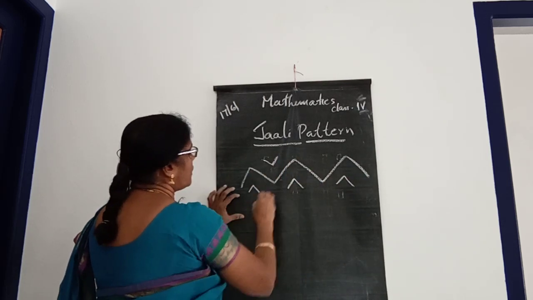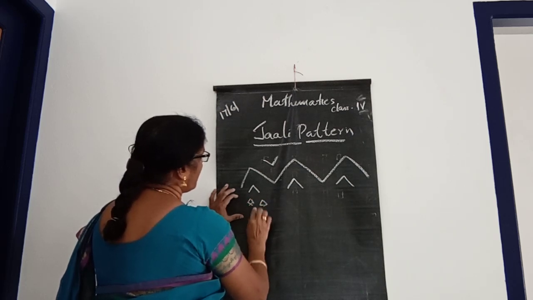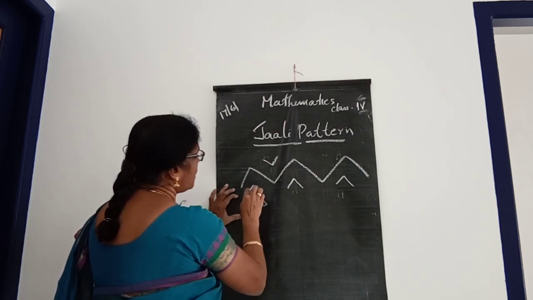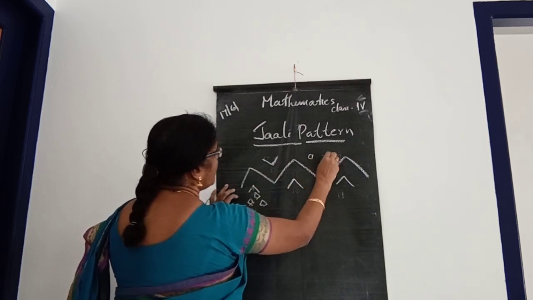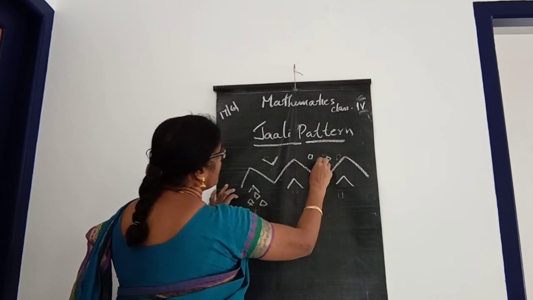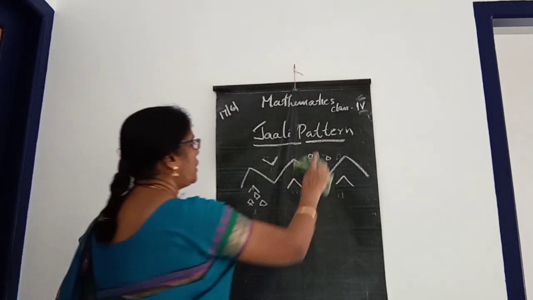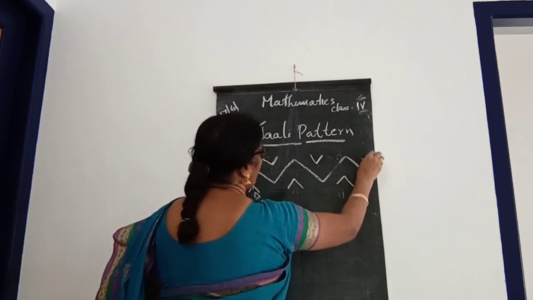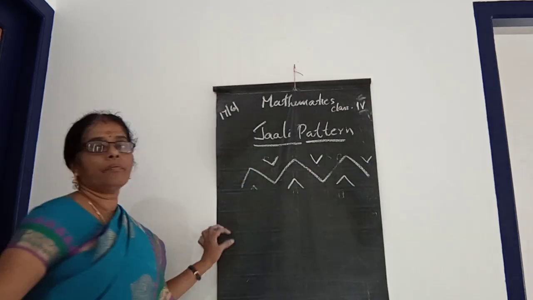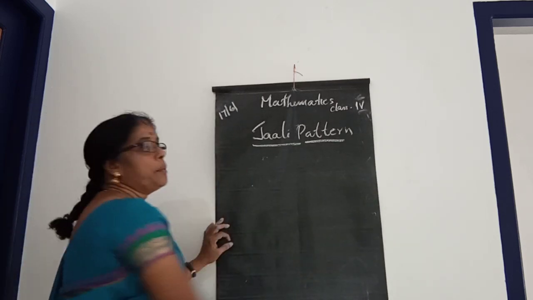This means 3, like this way. And here 1, 2, 3, likewise. Okay. That is another pattern of jali, like this. So different types of jali patterns.